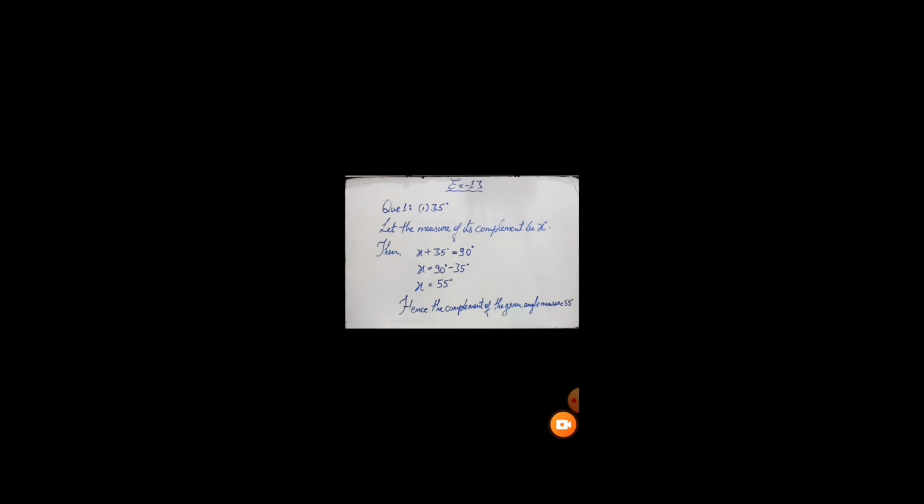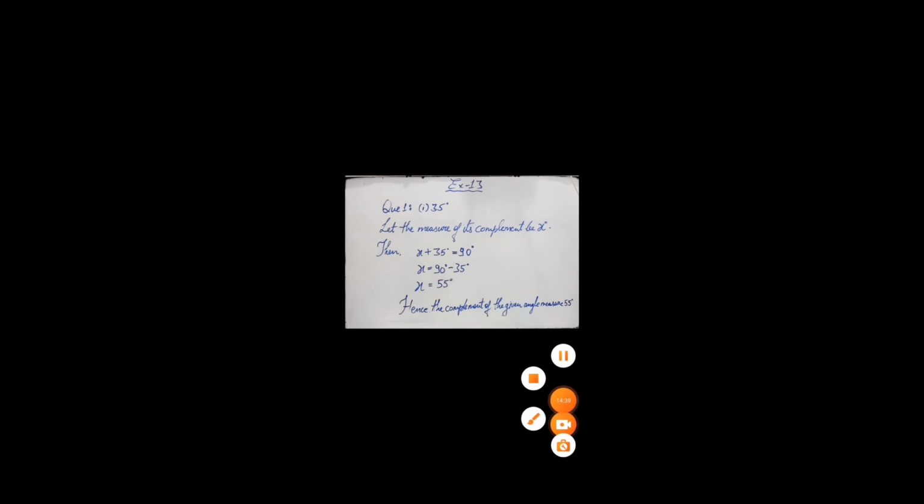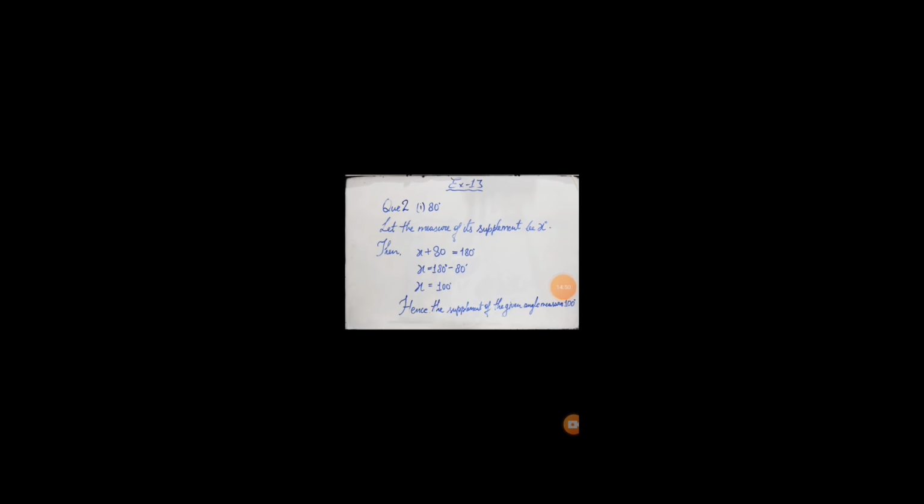Now come to question number second. Find the supplement of each of the following angles. The first one, 80 degrees. In this there are two supplementary angles, and one is given to us, it is 80 degrees, and we need to find the measure of the second supplementary angle.